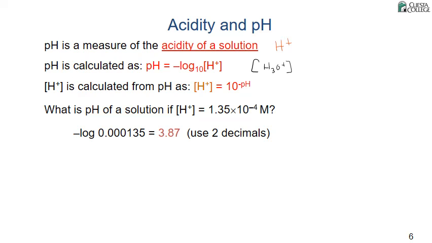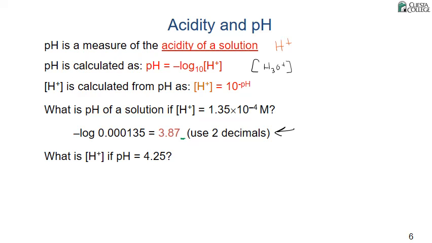Simply by taking the negative log of the concentration of H+ in terms of moles per liter of the 0.000135, you would get 3.87. I urge students to use 2 decimal places for pH, kind of ignoring the significant figure rules. It's difficult to measure pH to a 3rd decimal place, or the thousandths place, and so 2 decimal places is usually sufficient.